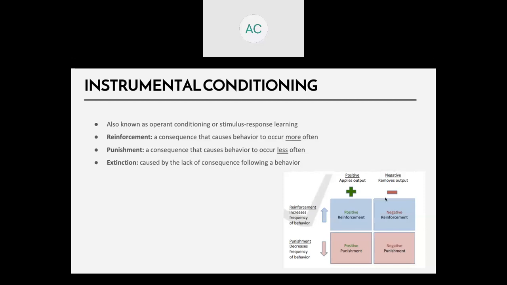So positive reinforcement, I'll use the drug use example. When you take a drug, it induces a euphoria, and that increases the probability of taking more drugs. So it's reinforcement because you're more likely to take the drugs after you take it the first time, and it's positive because you're adding a euphoric state.